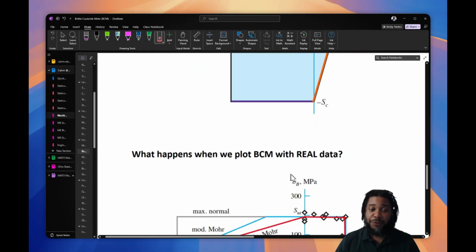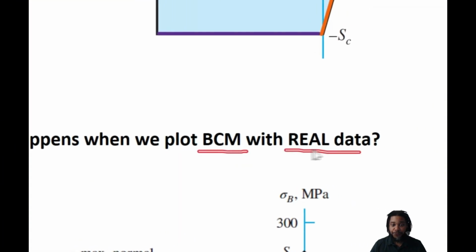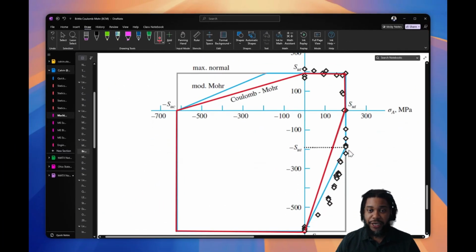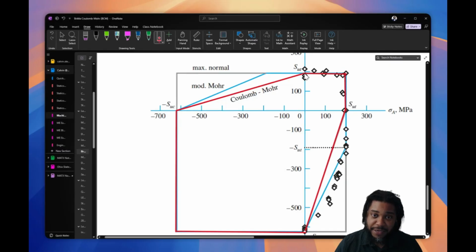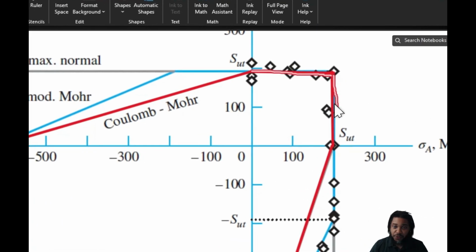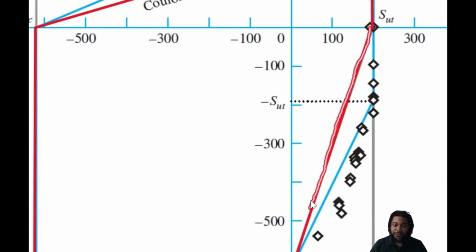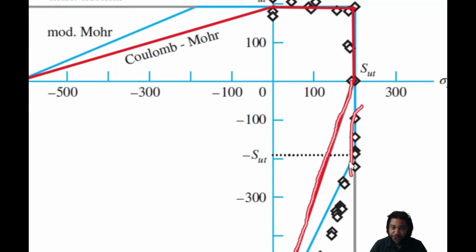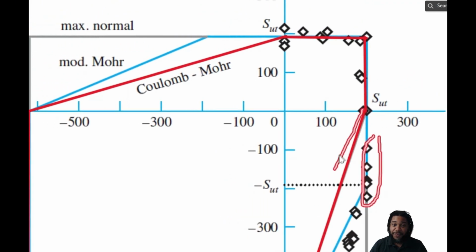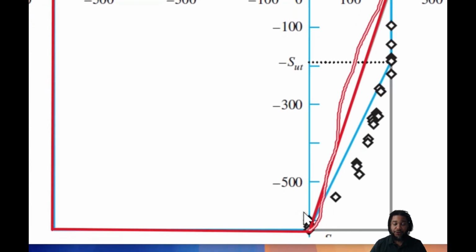Now, what happens when we plot the Brittle Coulomb-Mohr theory with real data? Well, let's take a look at it. We can see that, at least in this initial quadrant, it's right in line with the data. But as we move into the fourth quadrant, when compared to the data, which are the dots, it is fairly conservative in this quadrant.